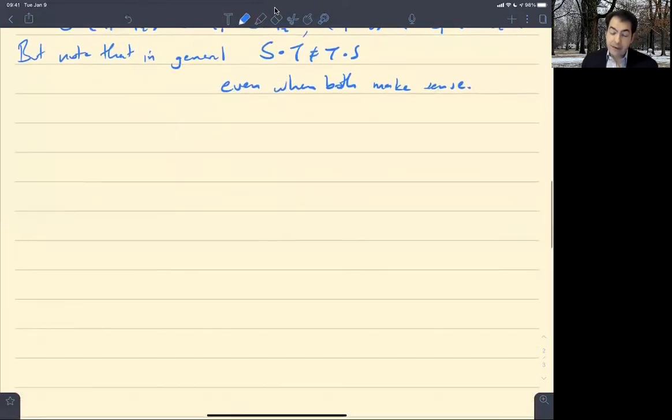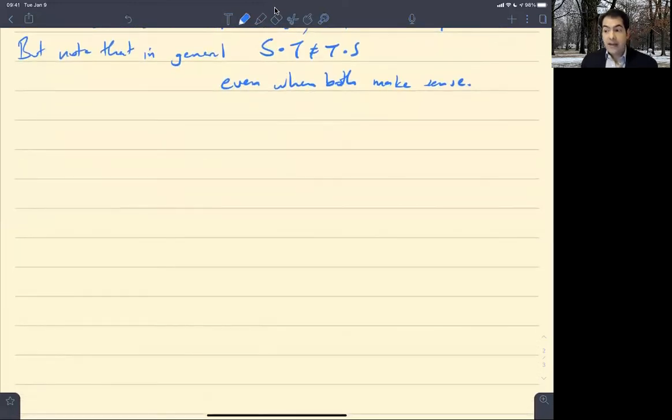Okay, now I mentioned previously that matrix multiplication was in some sense the most important example of a linear map because linear maps end up reducing to matrix multiplication. So here is our first way of making sense of that.